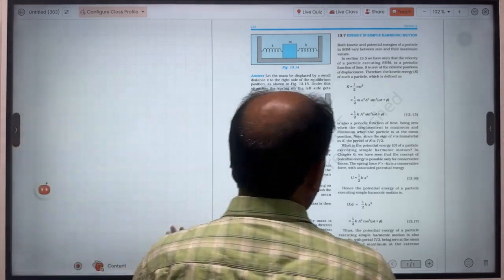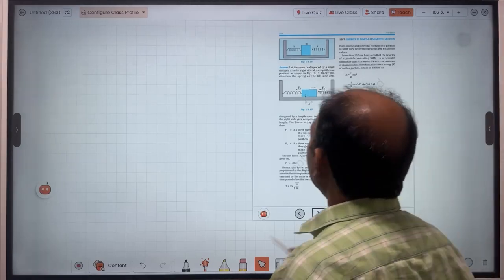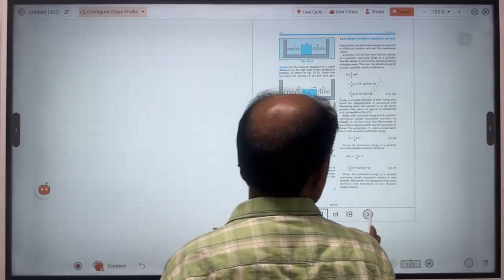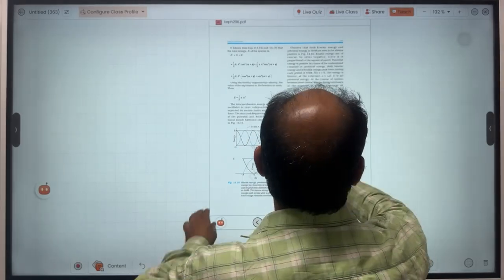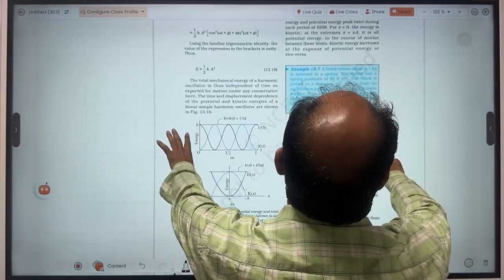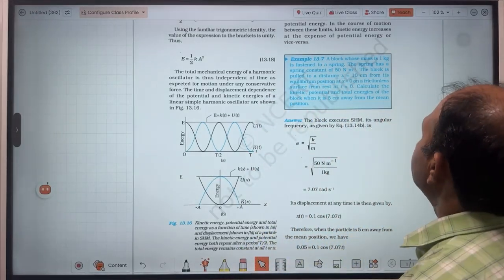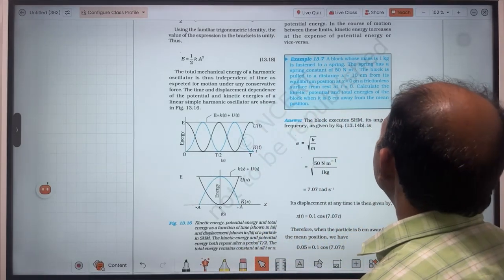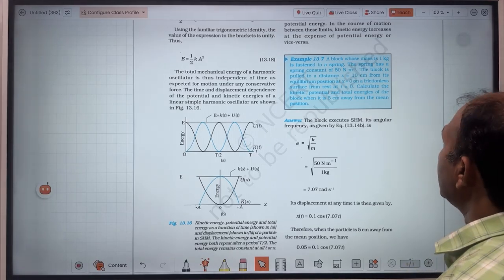Now here there is one question you can observe. A block whose mass is 1 kg is fastened to a spring. The spring has a spring constant of 50 Newton per meter.